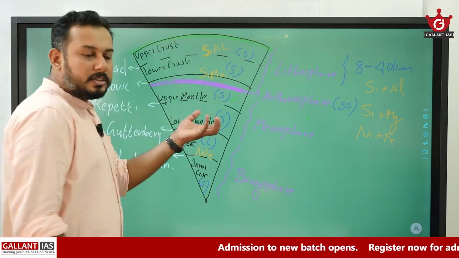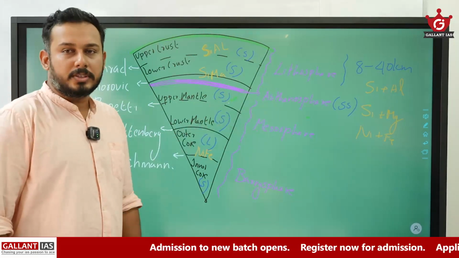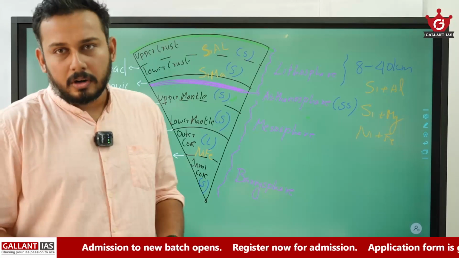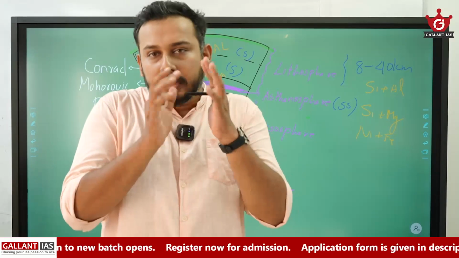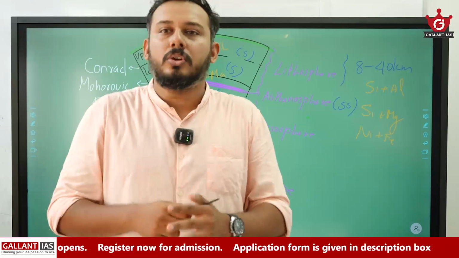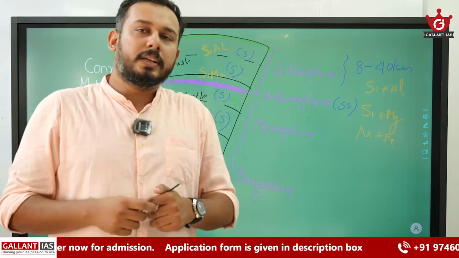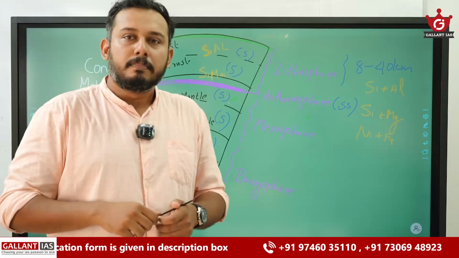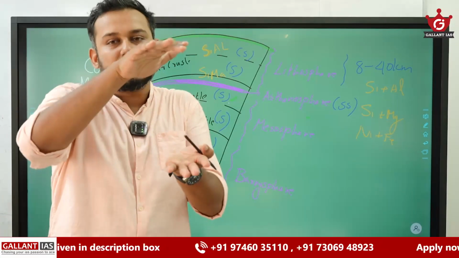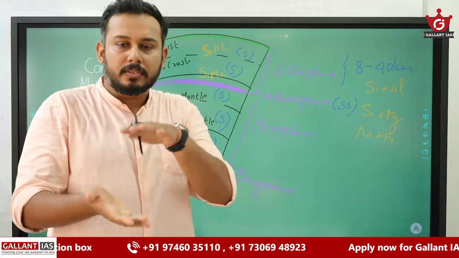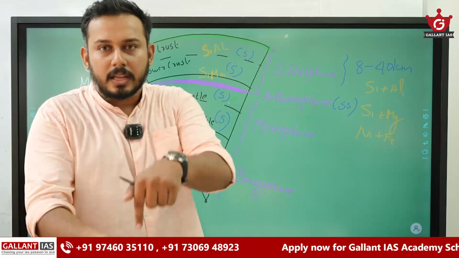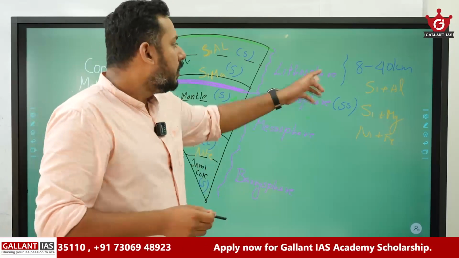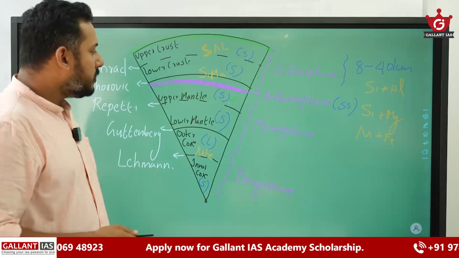Okay, the thickness of the crust is around 8 to 40 kilometers. When we study plate tectonics, we will study this in detail. The continental crust is thicker, the oceanic crust is thinner. For example, consider a point in the Indian Ocean and consider Mount Everest. Mount Everest is thicker, it is higher, isn't it? On the other hand, when we go into the oceanic part, the crust is thinner. So it varies from 8 to 40 kilometers.